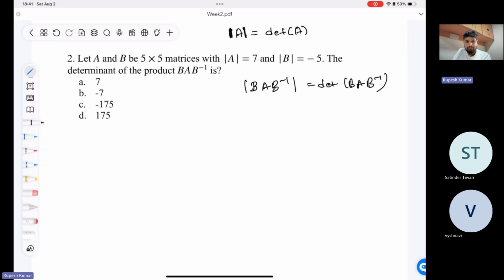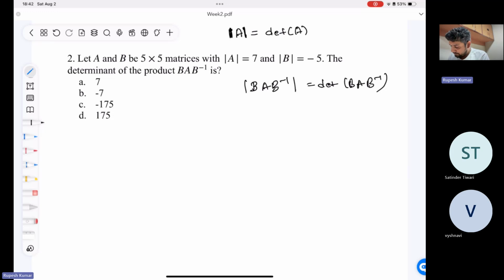Do you remember what determinants are? Essentially, the determinant is the volume of the parallelepiped formed by the columns of the matrix. I hope you all remember this, right?